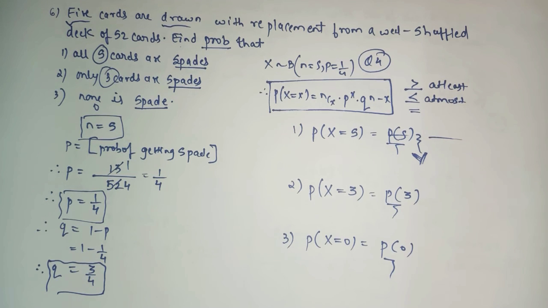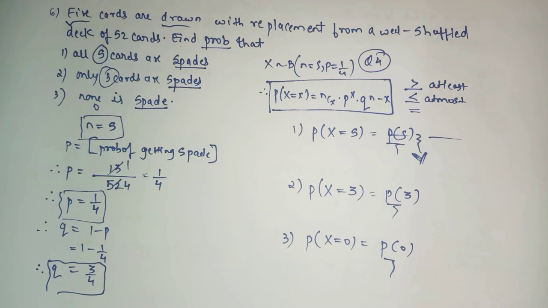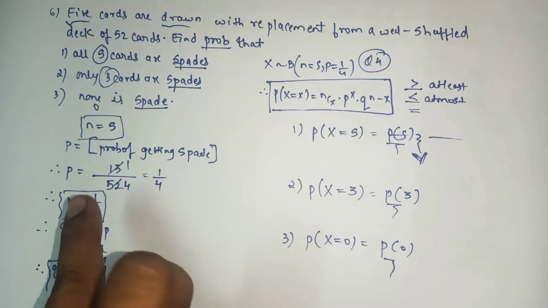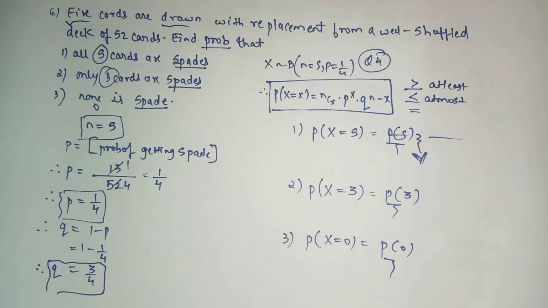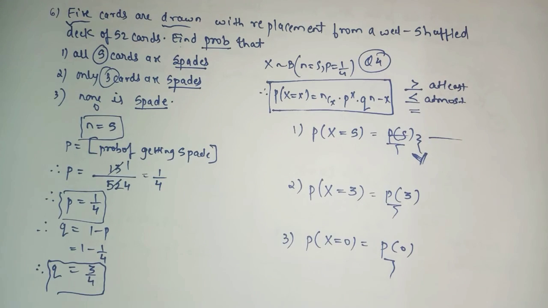So that's the end of the chapter binomial distribution. As I told, it contained only one exercise. Okay, and so we had divided the exercise into two types. Type number 1 was based on expected value, variance and standard deviation, and type number 2 was based on the statement sum.